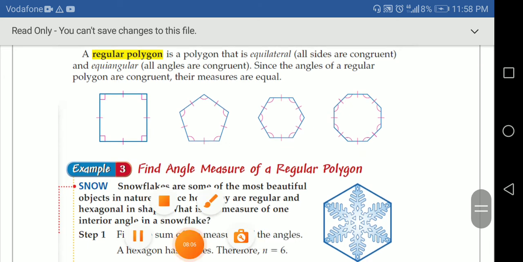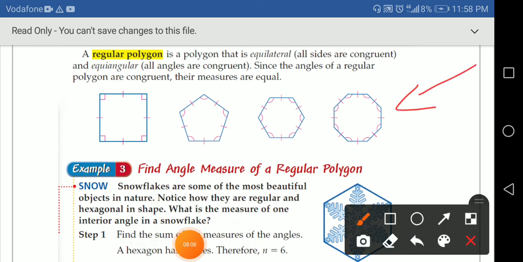So we got something very important to make sure we understood. A regular polygon is a polygon that is equilateral, all sides are congruent, and equiangular, all angles are congruent. Equiangular is a new name for you. Since the angles of the regular polygon are congruent, their measures are congruent.